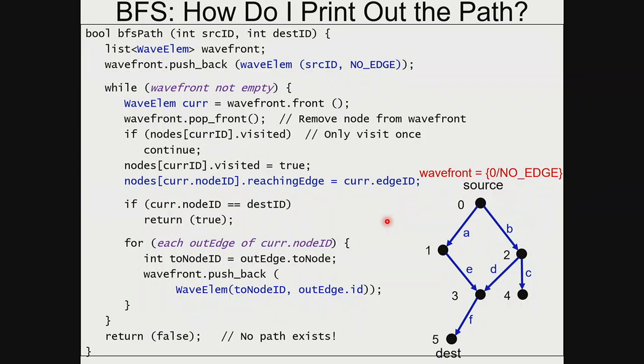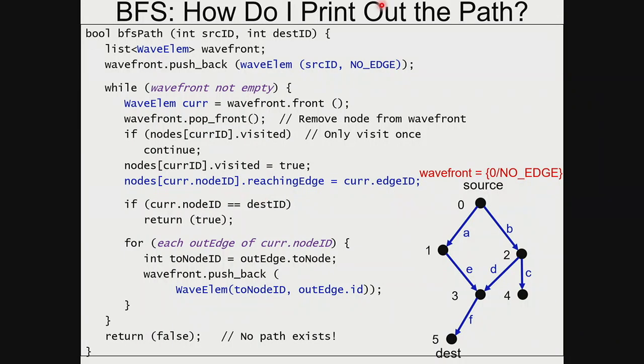It's storing information so that once this algorithm returns true and tells us that a path exists, we are going to implement another function a little later that backtraces us from the destination back to the source to find the actual path that we found. And we rely on this new data that we store.